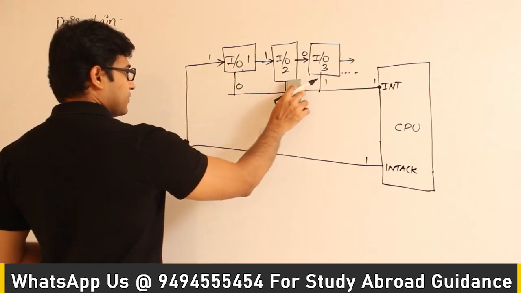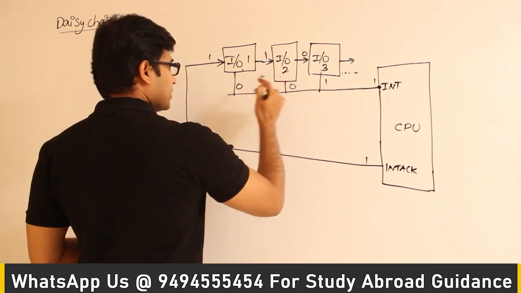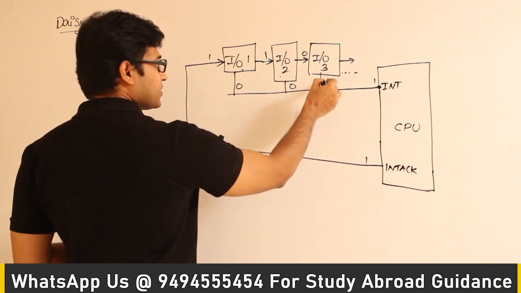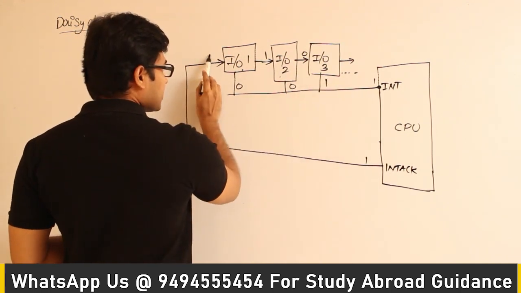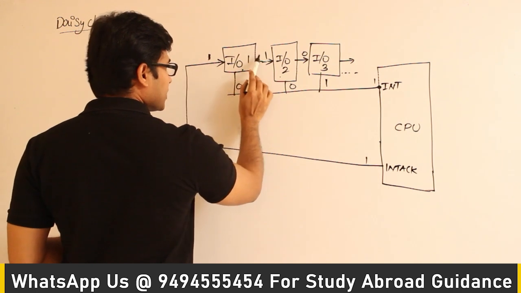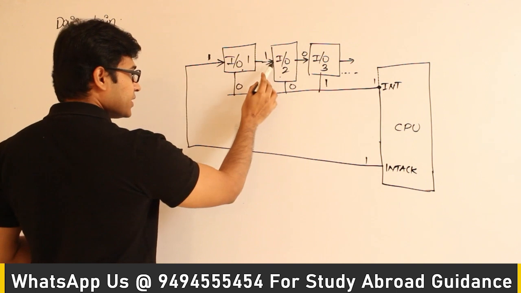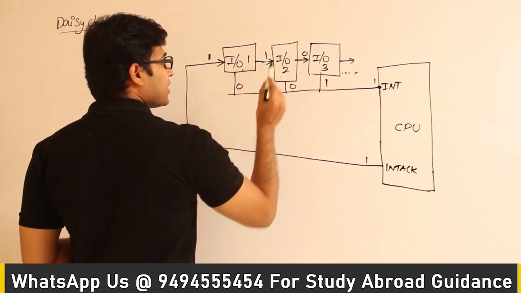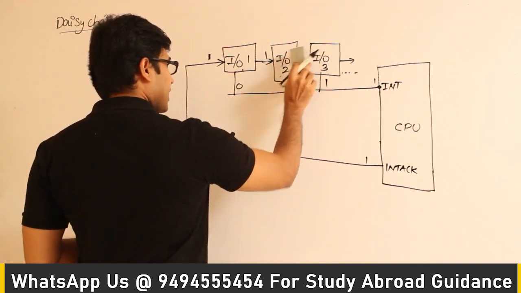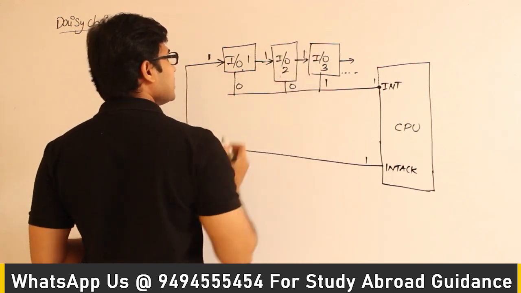So in case this one also didn't raise the acknowledgement request, then who will get the service? 1. How? This particular acknowledgement signal will pass through this. Why? This device will allow it because it doesn't need it, and similarly this particular device will also allow the acknowledgement to pass through it and reach the IO device 3. Got it?